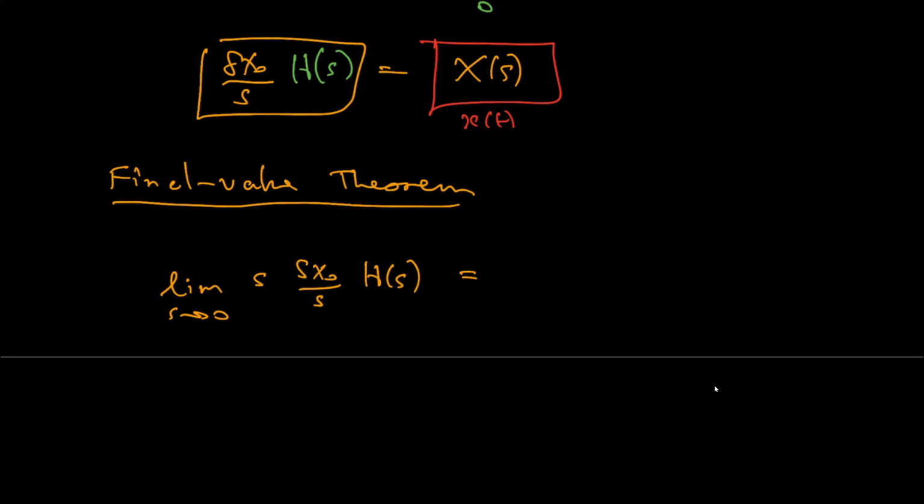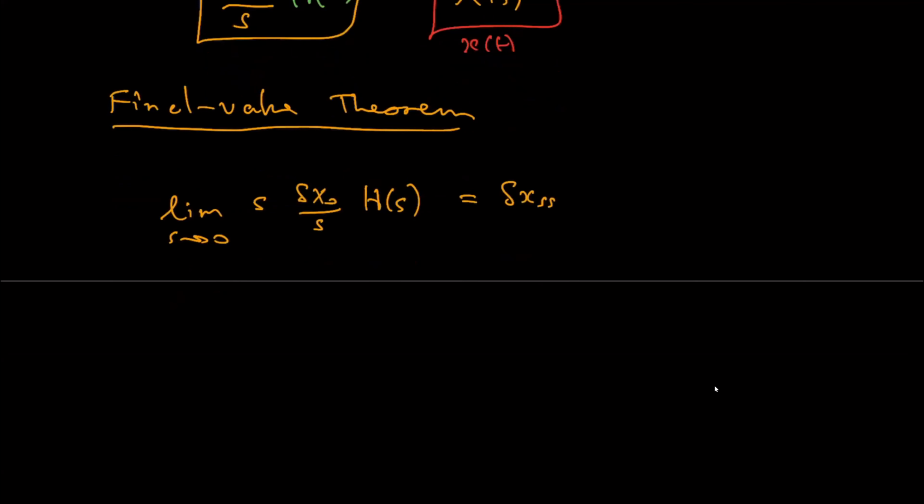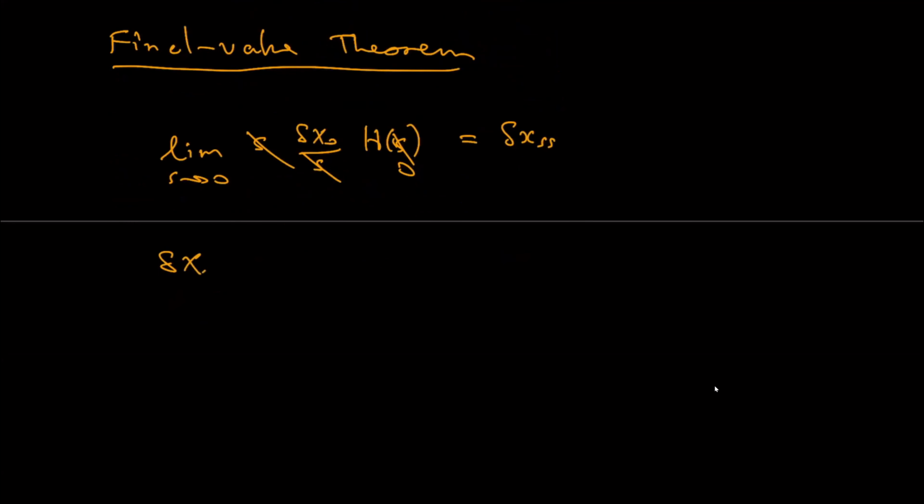Now, because I did a delta X, I'm basically looking at the change in the steady state value of X, okay? All right, so that cancels, that turns into 1. So I end up with delta X0 H of 0 equals delta X ss. Now I can rearrange this to give me delta X ss over delta X0.